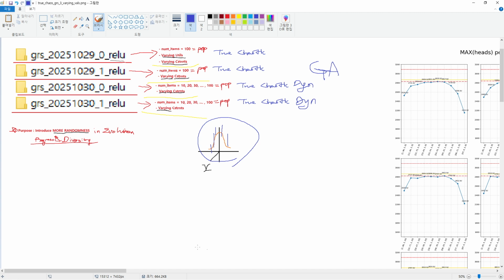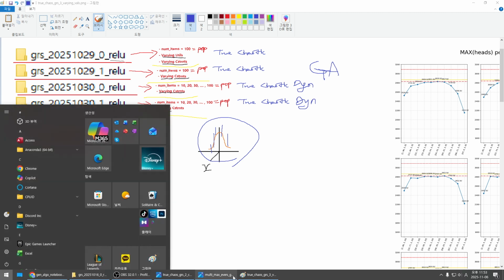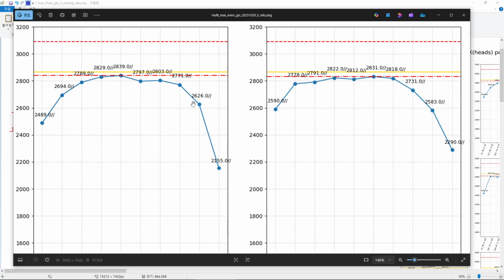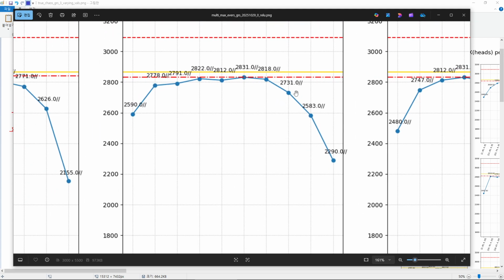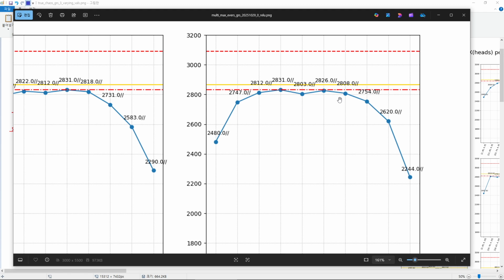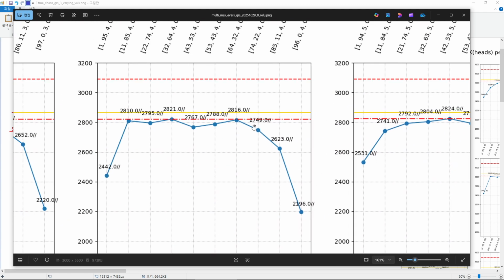So what that does is this. So that's why we have all these values with different last digits.